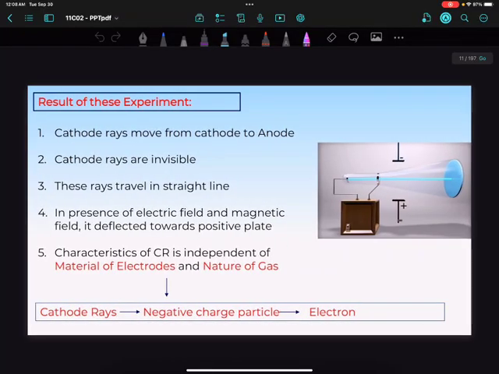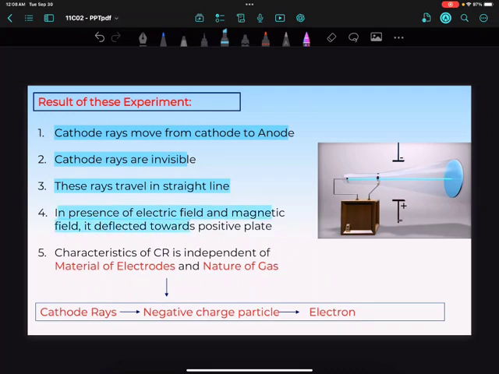Now the result of this experiment was that cathode rays moved from cathode to anode. Cathode rays are invisible. These rays travel in a straight line. In the presence of an electric field or magnetic field, they deflected towards the positive plate. The characteristics of cathode rays are independent of the material of the electrodes and the nature of the gas.